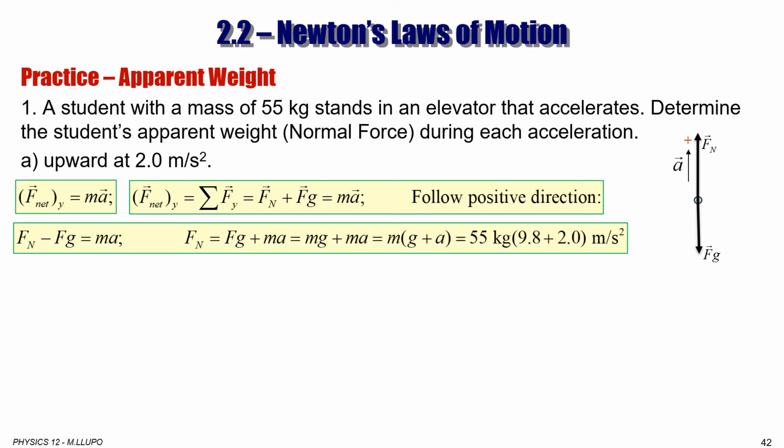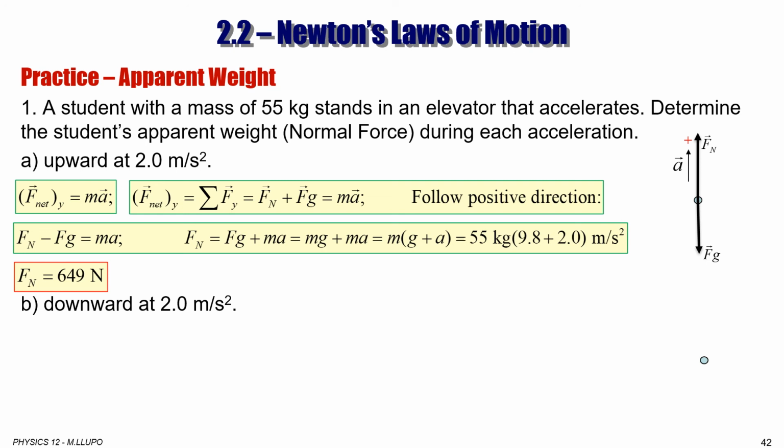Now, let's say that the elevator is accelerating downward, at the same rate, just for simplicity. We draw a free body diagram. Now it's moving downward, so down is the positive direction, which is the direction of the acceleration. And we do the same thing, similar to up.